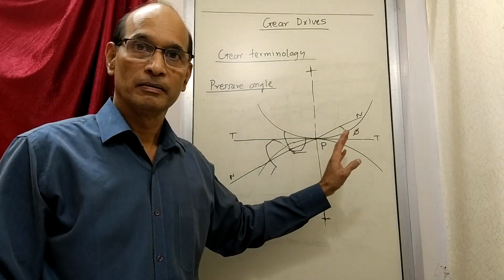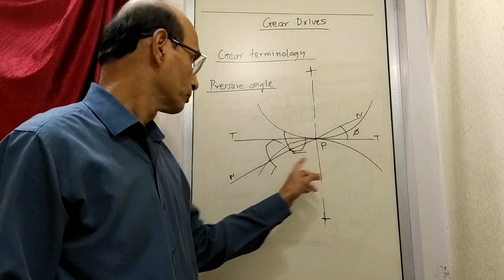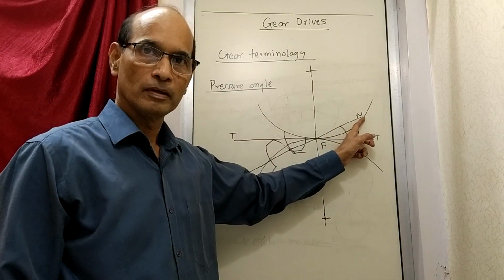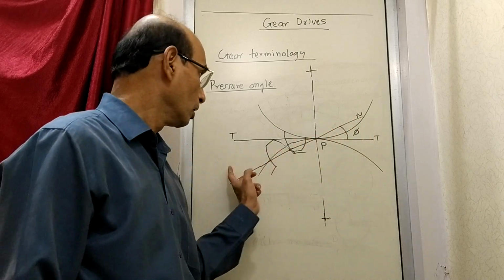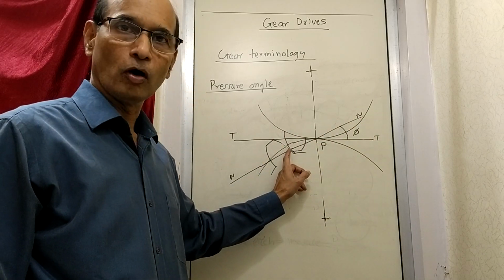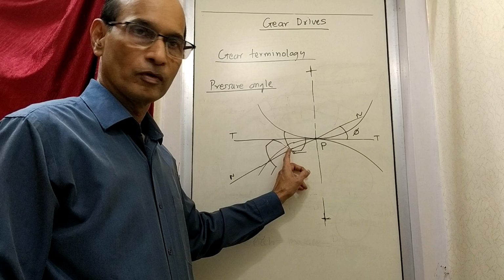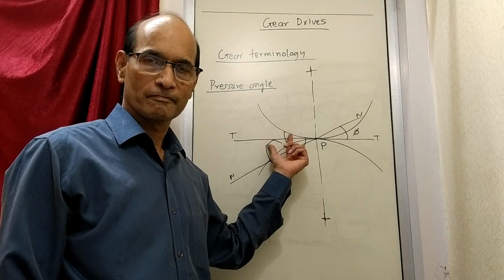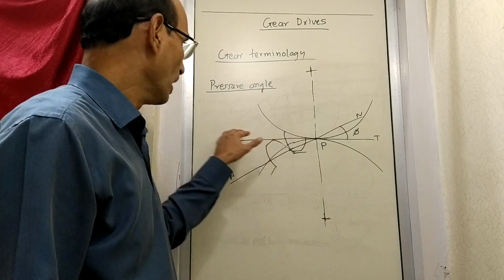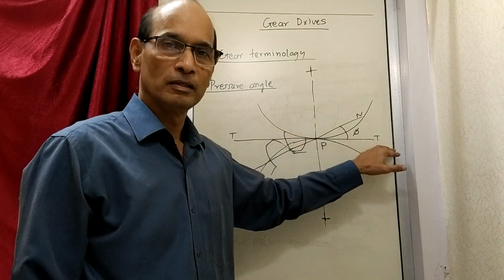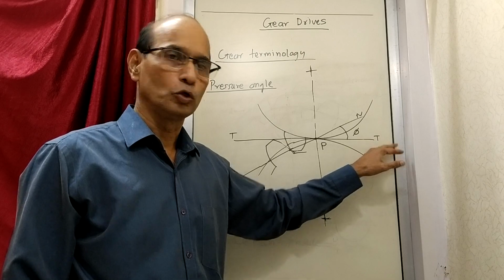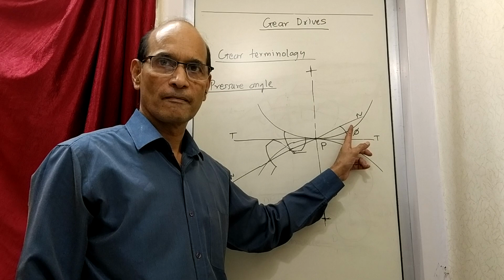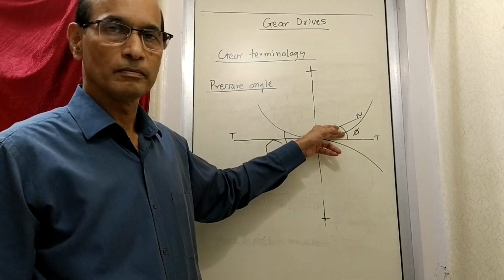An angle made between normal drawn at point of contact of teeth of two gears and a tangent drawn to the pitch circles of the gears is called as a pressure angle.